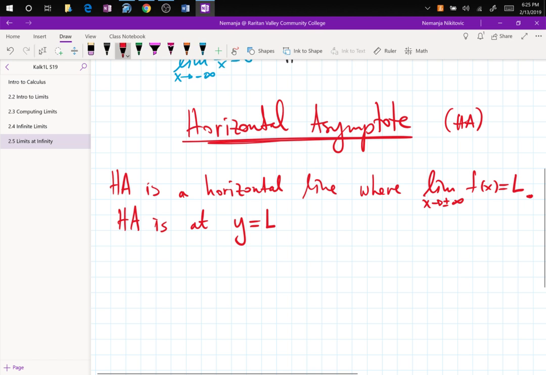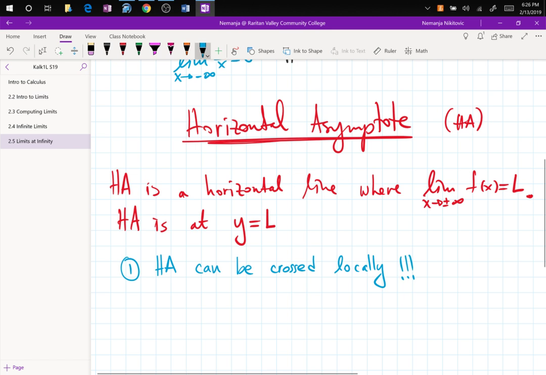Now, some specs for horizontal asymptotes. Number one, a horizontal asymptote can be crossed locally. This is very important to understand because horizontal asymptotes have to be obeyed at infinities.